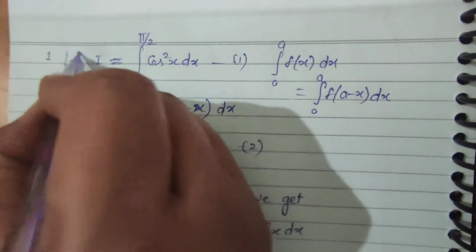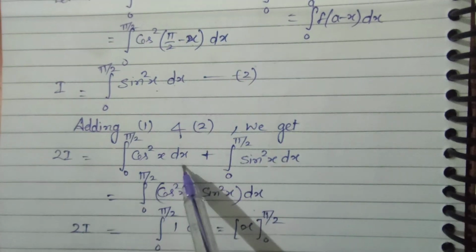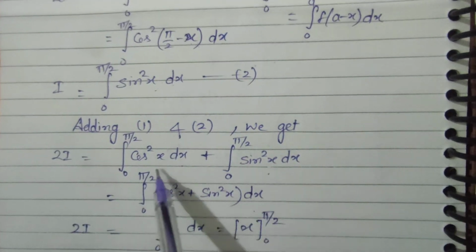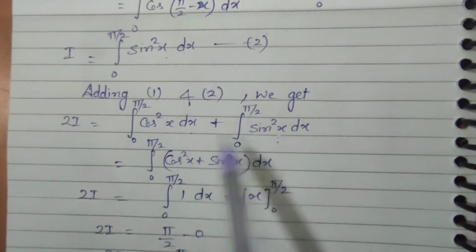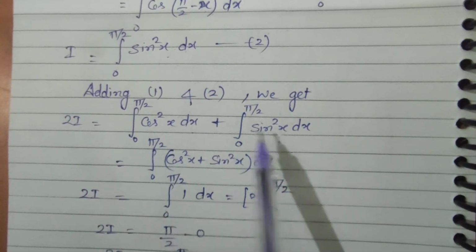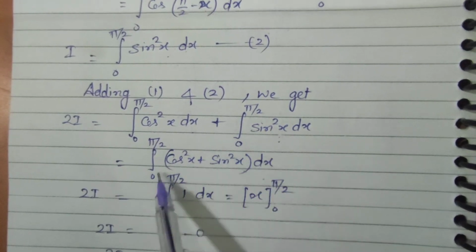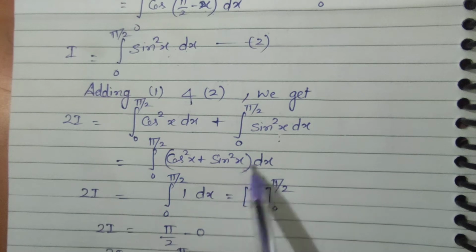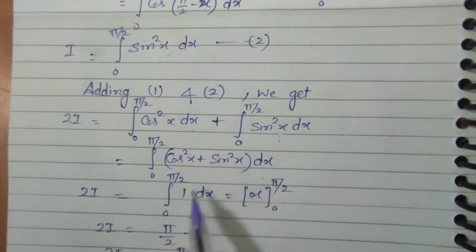On the right, cos square x integration plus sin square x integration, with the same limits, so we can add these. If this is f(x) and this is g(x), when the limit is the same we can add them. Cos square x plus sin square x, limits 0 to pi by 2. And we know that cos square x plus sin square x is 1.